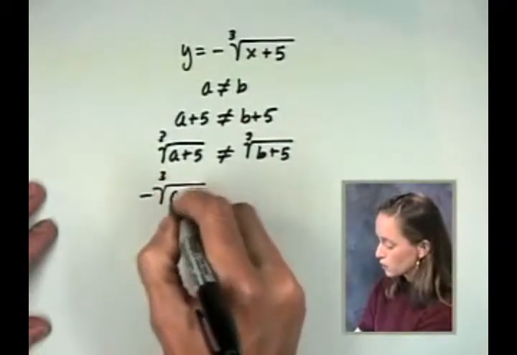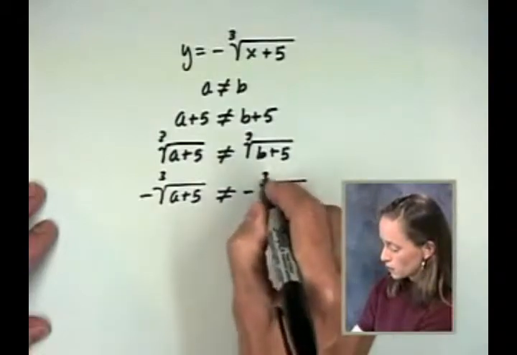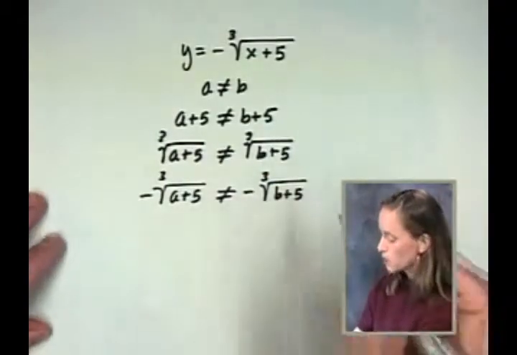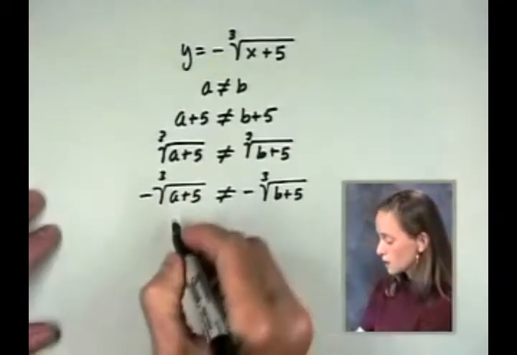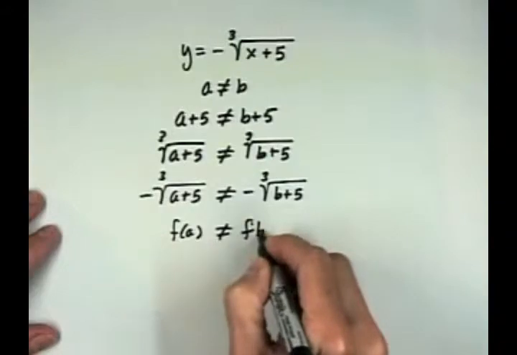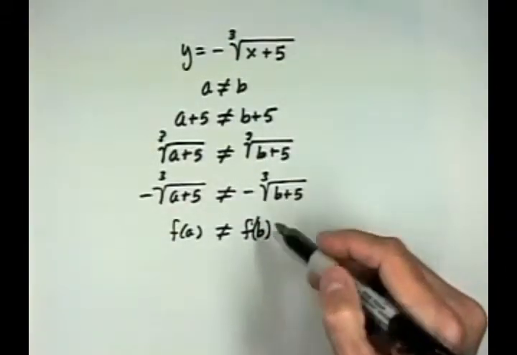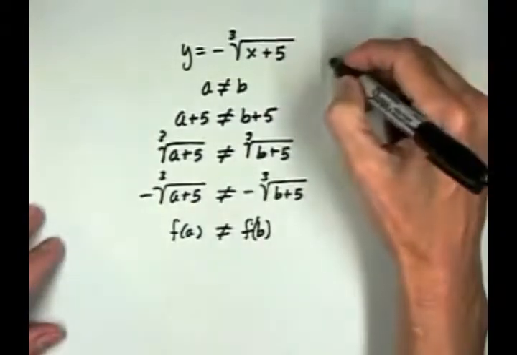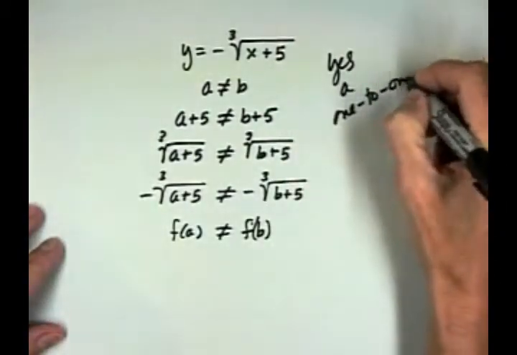Negative the cube root of a plus 5 is not equal to negative the cube root of b plus 5. If a is not equal to b, this is not equal to that. The piece on the left is f of a, on the right is f of b. And I was able to conclude that f of a is not equal to f of b, so this is a one-to-one function.